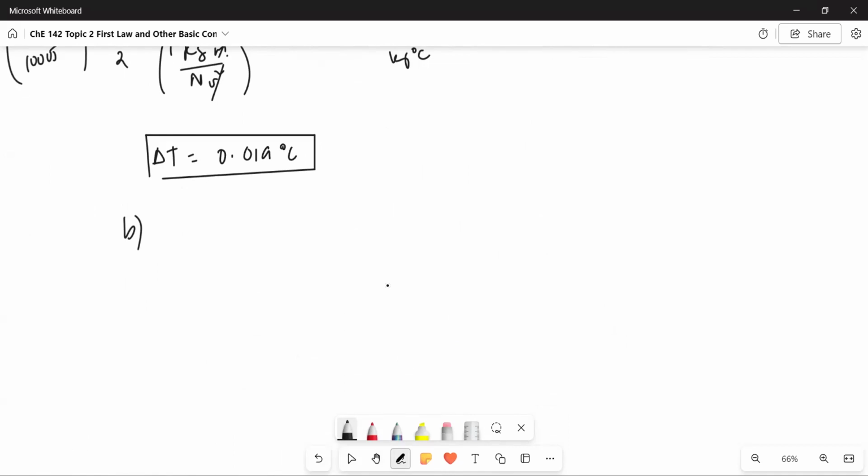Let me rewrite that equation: delta V squared over 2 GC plus CP delta T equal to 0. What is delta V squared now? It's simply V2 squared minus V1 squared.